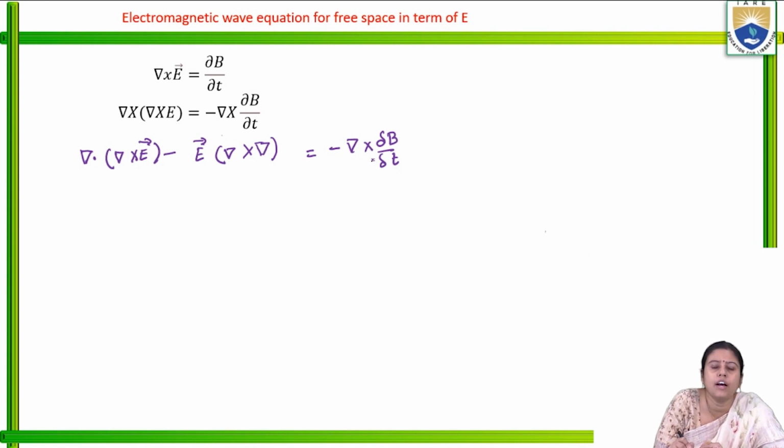Now according to the assumptions or modified Maxwell's law, grad cross E is equal to 0. So we can write it is 0.